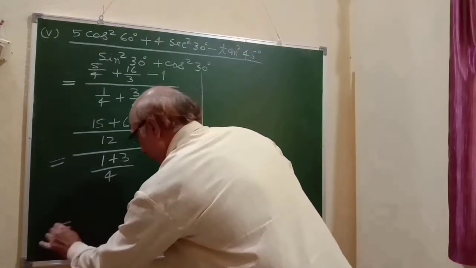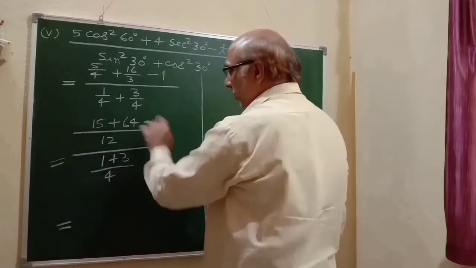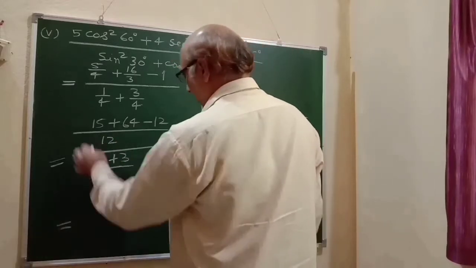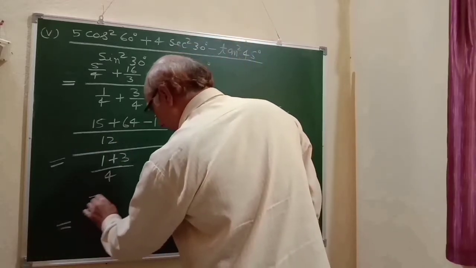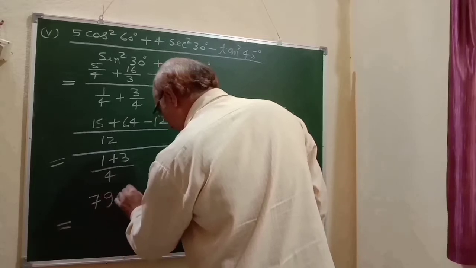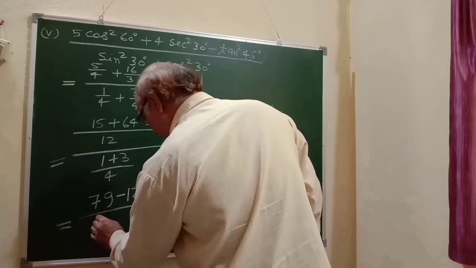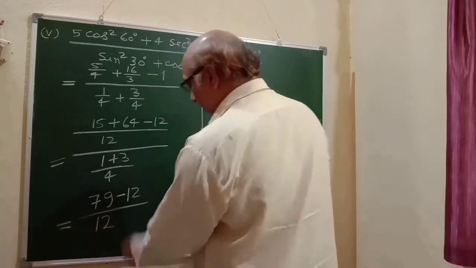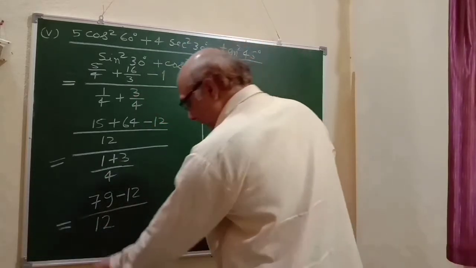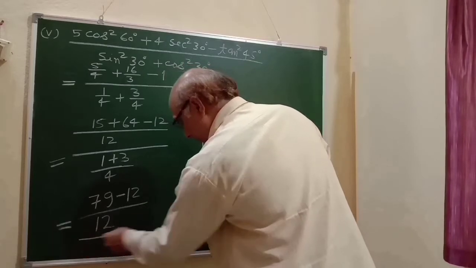This is equal to, here we add 15 plus 64, we get 79, minus 12, by 12, and here we can write by 1.